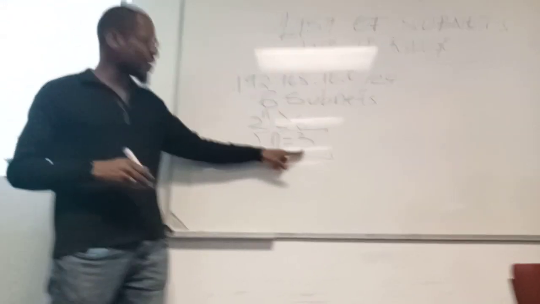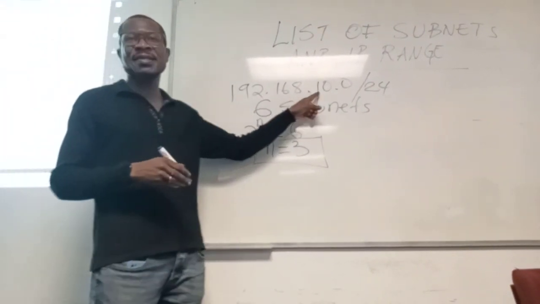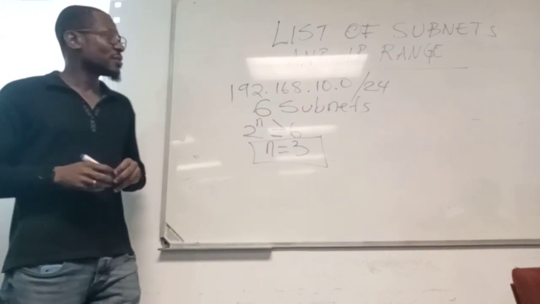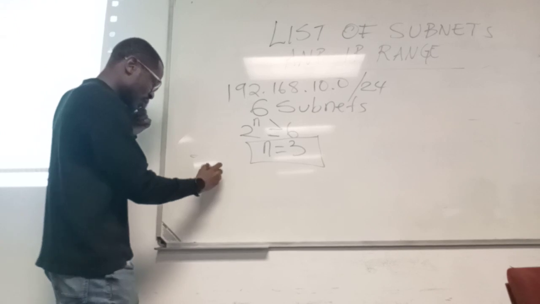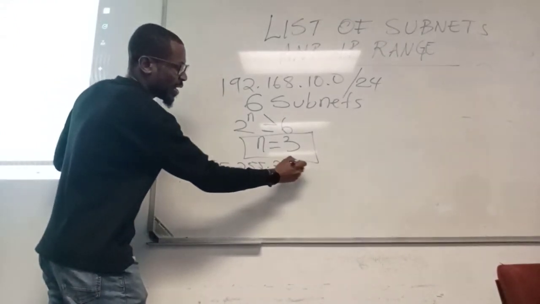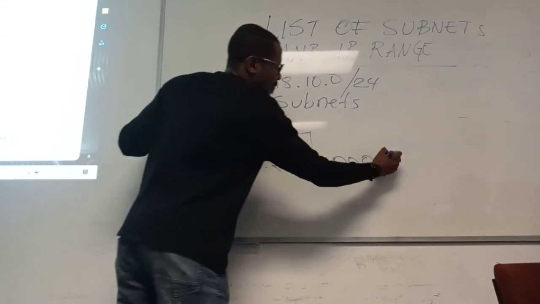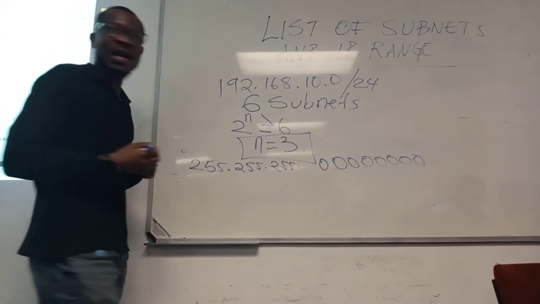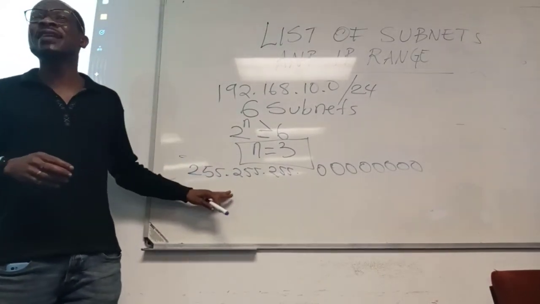Now we know that we have 3 bits. According to our subnet, it's 255.255.255.0. You have to put the bits, because the first ones we know already, they are ones and ones.